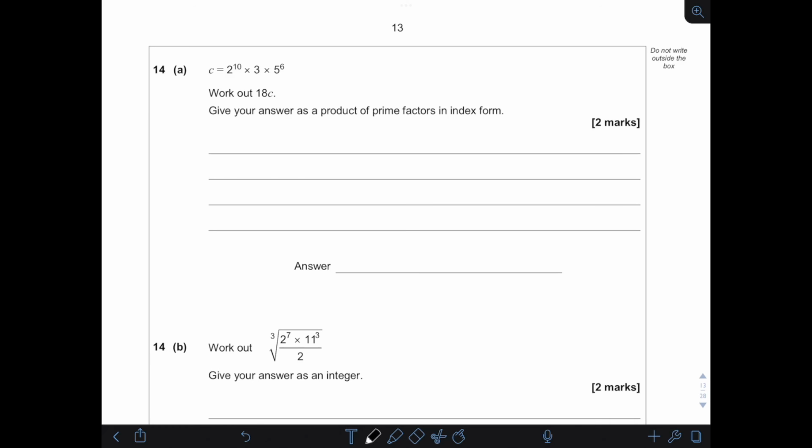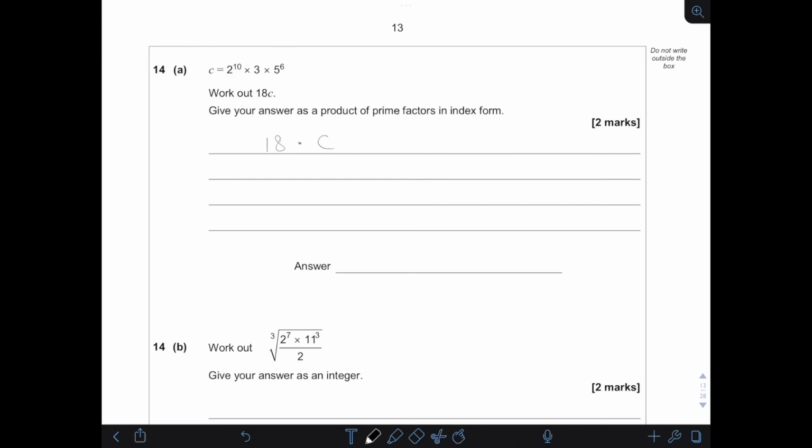Oh, okay, so we're now given that C is a very big number, and we want to find out what 18C is. So we can ignore C for now, we just need to bear in mind that C is a thing. And we look at the 18. So we have 18 times C. When you're working with indices, multiplications don't matter that much until you get to the prime factors.